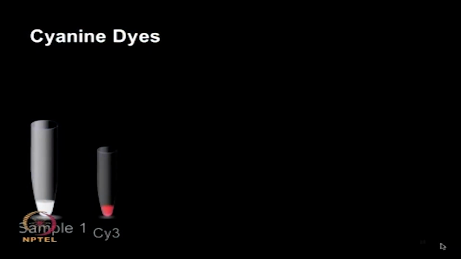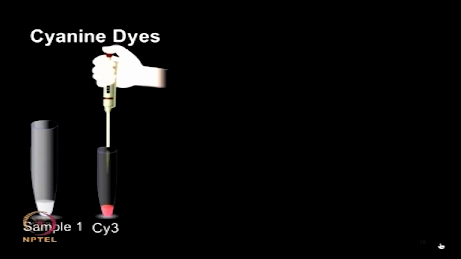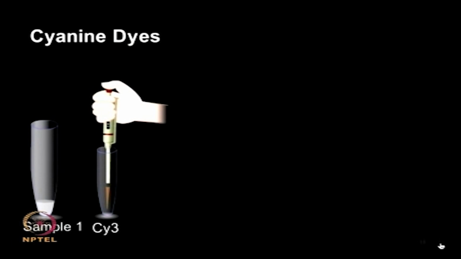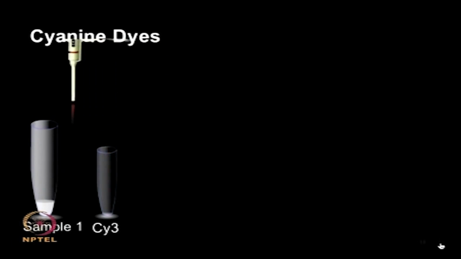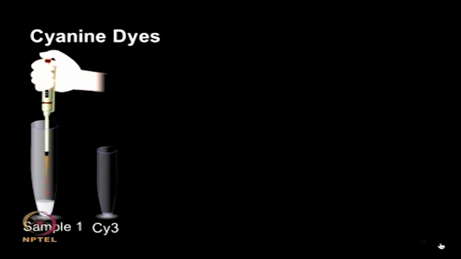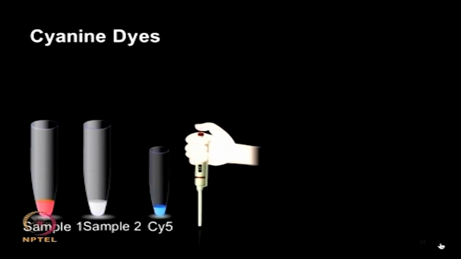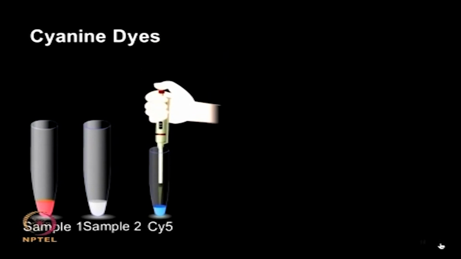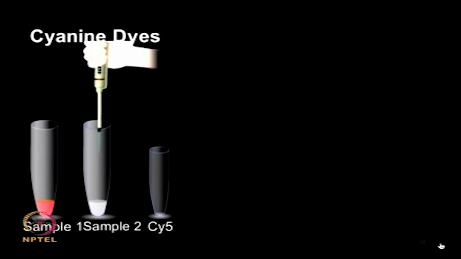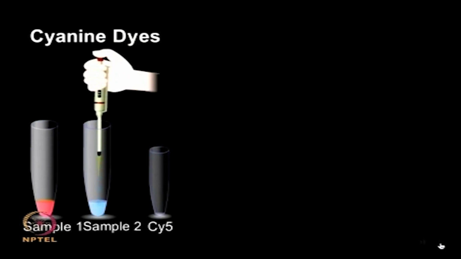Cyanine dyes. In this detection technique, the dyes are mixed with the samples prior to the electrophoresis. The first sample was labeled with Cy 3 dye and the second sample is now mixed with Cy 5 dye.